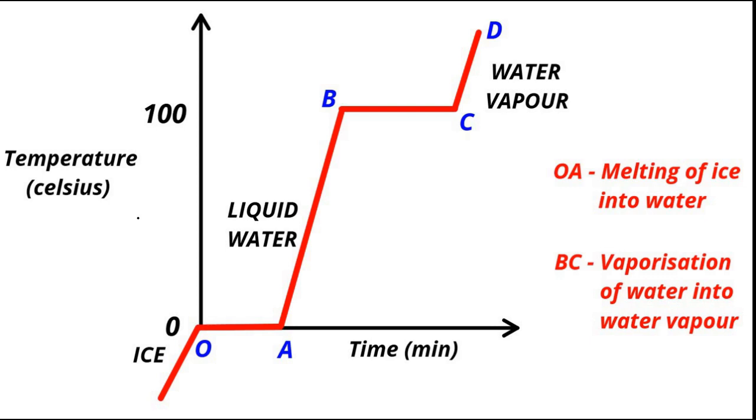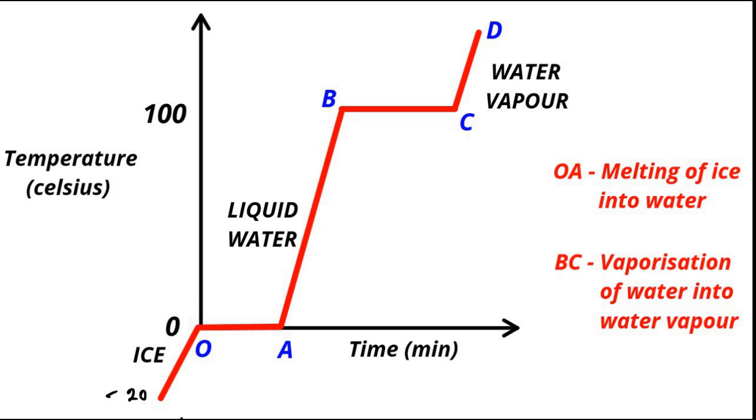These are very interesting. So let us try to understand it from the start. Let's say initially ice is at a temperature of minus 20 degrees Celsius when it is placed inside the beaker and is heated on a constant heat source.